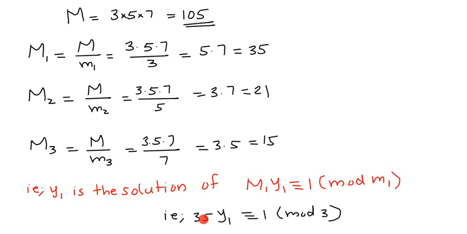So 35 becomes 2, and 2 y1 is congruent to 1 mod 3.